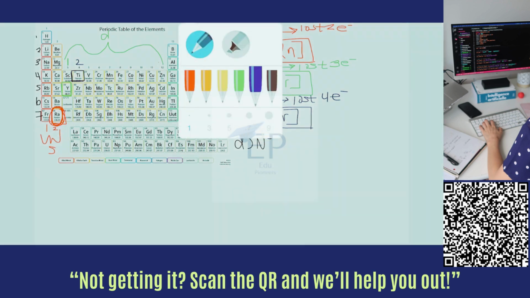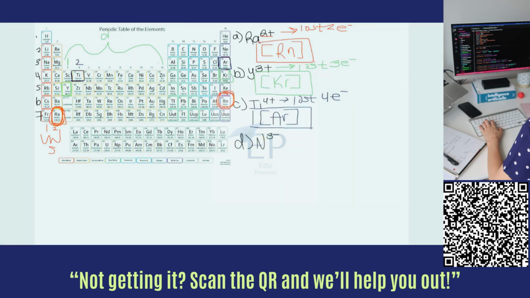And finally, let's look at nitrogen. Nitrogen is in the p orbital region. It's in the third column of this region. And its preceding noble gas is helium. So we can write helium in brackets. We fill in all of the orbitals that helium does not have that nitrogen does have.